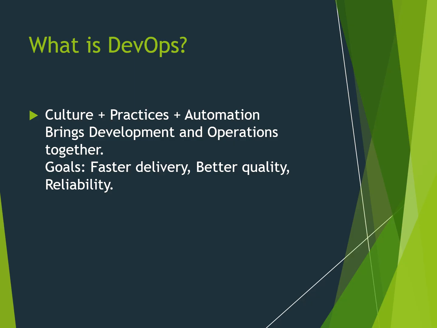So, just a small tip, if an interviewer asks you what is DevOps, you can confidently say it's a culture and a set of practices that is combining development and operations together through automation, continuous integration, and continuous delivery, where we deliver software faster and better quality and have improved reliability.